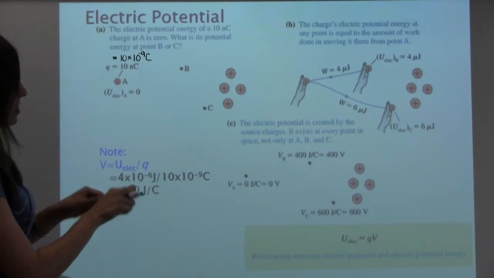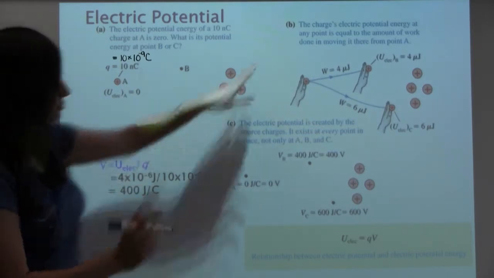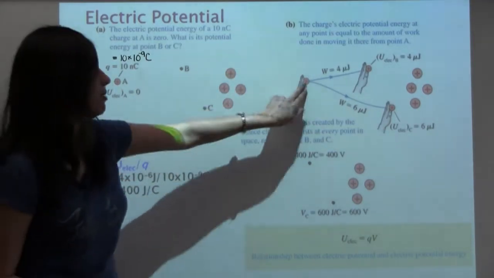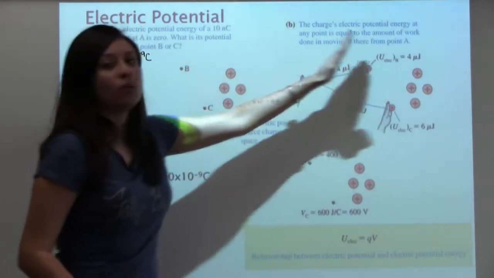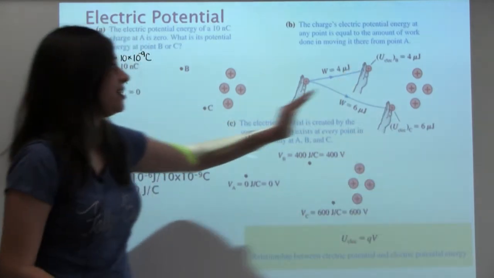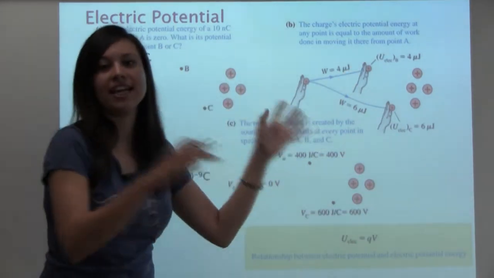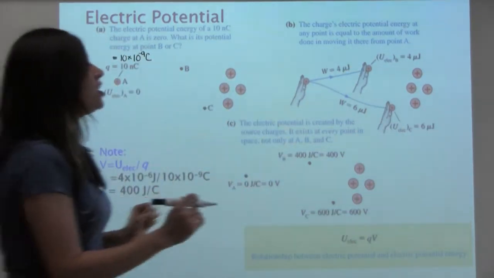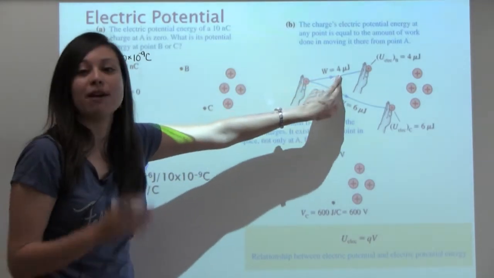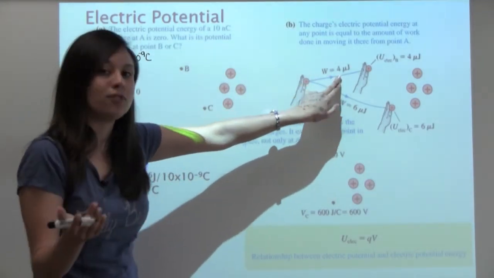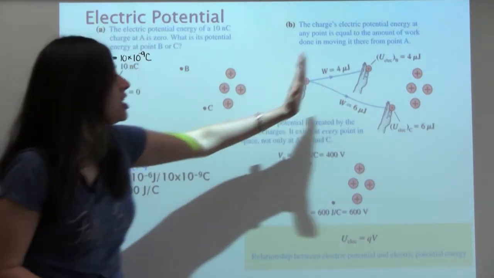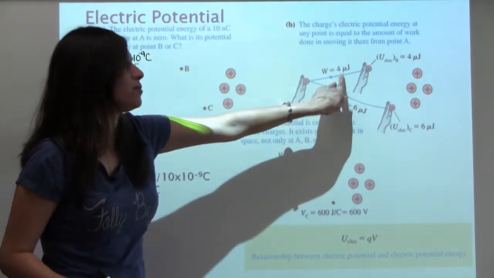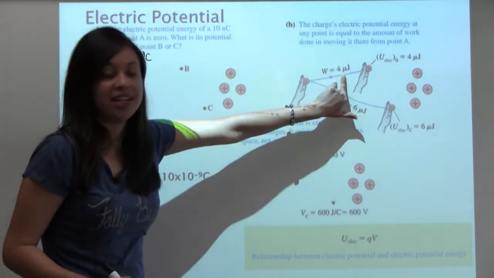The next step is we are going to be bringing this charge from point A to point B. From point A to point B, we're actually putting work into this, and there's an association between work and electric potential energy. Since they already gave us the amount of work done, we can solve for the electric potential energy because they are equal to each other. We went from rest and moved to point B, and there were 4 microjoules of work done.